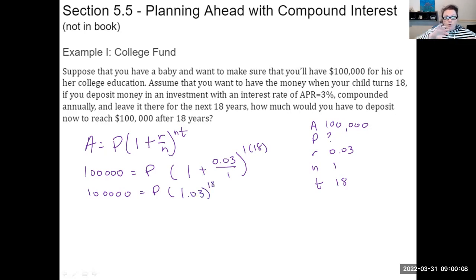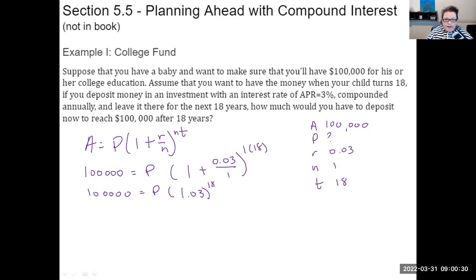All right, we're just going to do the right-hand side of this problem, and then we're going to have to use our answer key to do some division. So open parenthesis, 1.03, close parenthesis, exponent 18 equals. If you have the answer key, leave that number in there and wait just a second.